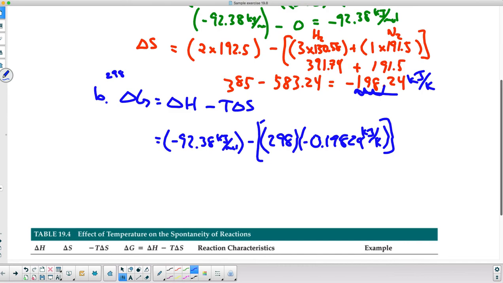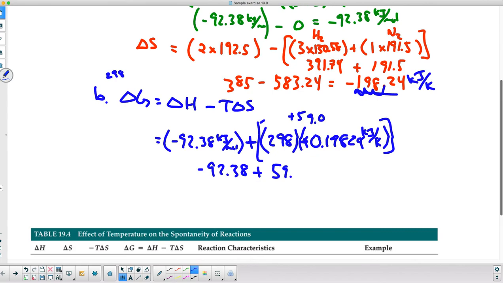So I moved the decimal place over so that we could do these two terms. When I do these two terms, I get a negative 92.38. Minus a minus means plus. So that's plus, and then this whole thing gives you a plus 59.0.